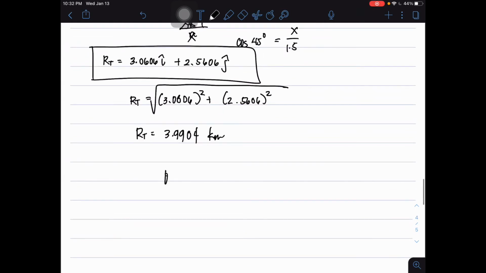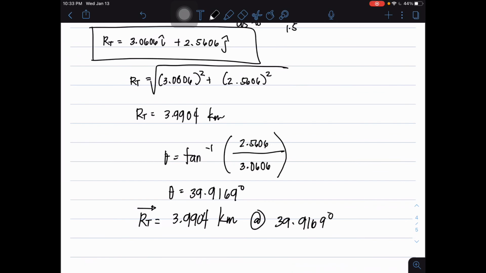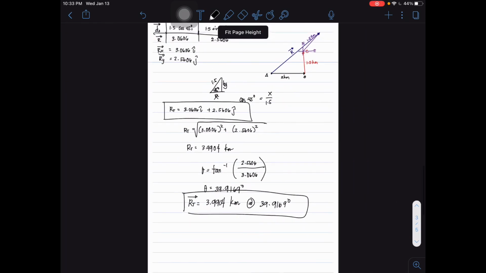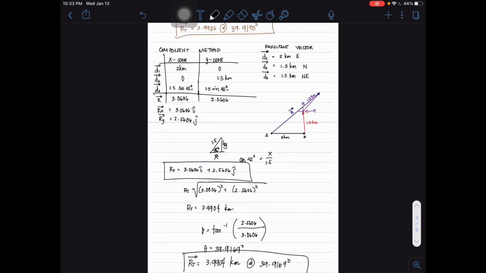For the direction, you're going to be using tangent. 2.5606 over 3.0606, the angle will be 39.9169 degrees. So therefore, RT is equivalent to 3.9904 kilometers at 39.9169 degrees. If we're going to compare our answer, look at them.